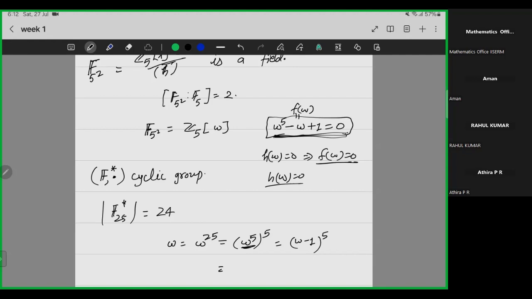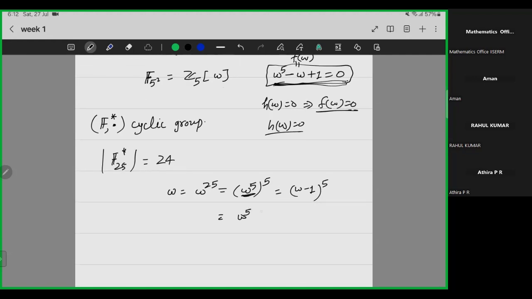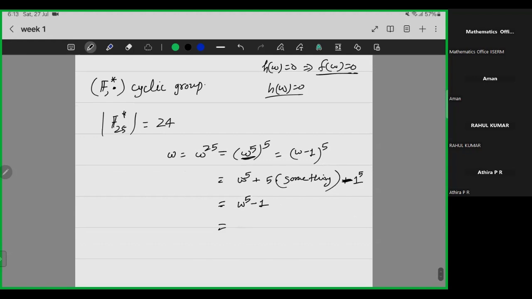Now if you expand this, you will get omega power 5 plus 5 times something, you check it, and at the end minus 1 to the power 5, and that will be the only one. So this is omega power 5 minus 1. Now write it again: omega power 5, you have here omega minus 1, so you are getting omega minus 2 here, and the left side is always omega.